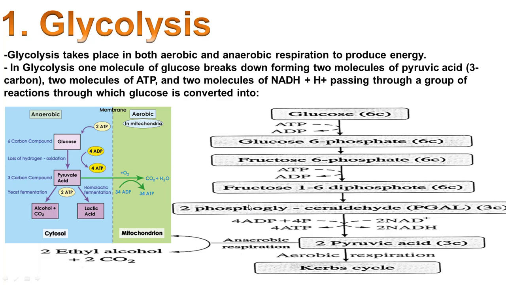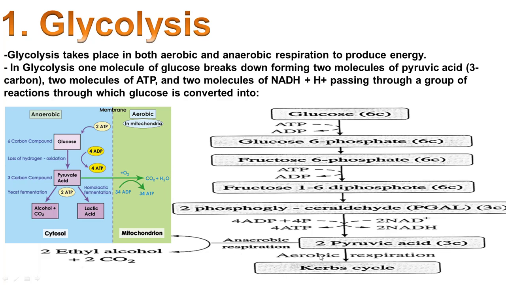From each molecule, 4 ADP plus 4 phosphates form 4 ATP. You consumed 2 ATP before, so the total ATP that comes out from this stage is 2 ATP after deducting the consumption.